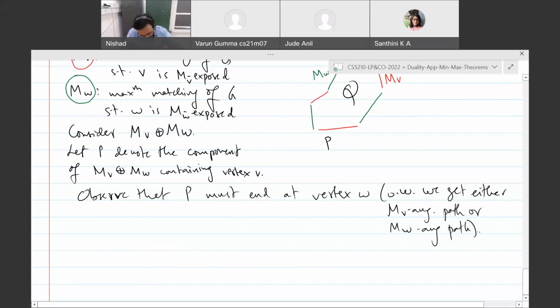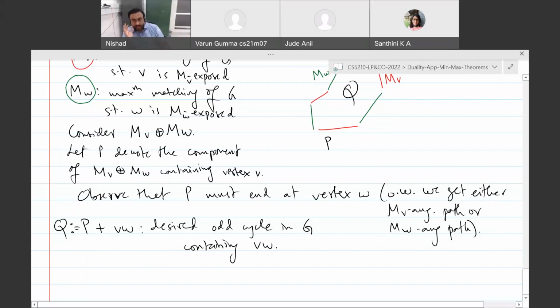And now the path P plus the edge VW is our desired odd cycle in the graph G containing the edge VW, right? We wanted an odd cycle containing this edge. So we got an odd cycle containing this edge.